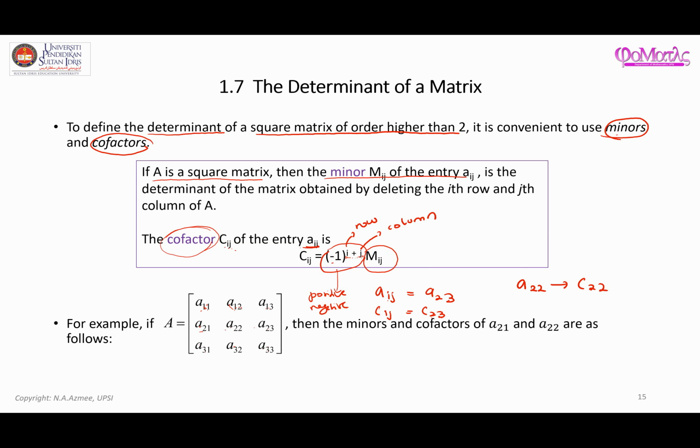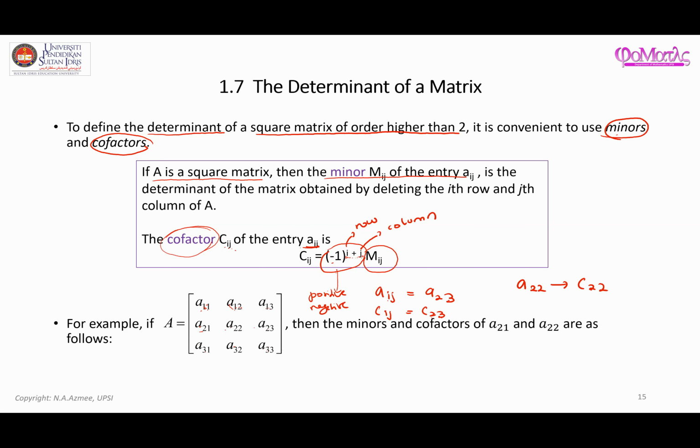Basically, what we can see is that the cofactor here will have the same value as the minor, except for either its positive or negative sign, because the positive or negative sign depends on this part.